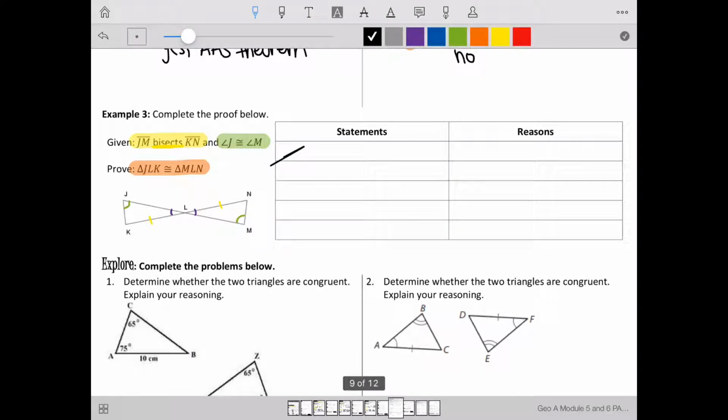First, let's write our given statement in the top line. So JM bisects KN. That was given. And remember when we were labeling our picture, right after we read that JM bisects KN, we realized that that means that KL must be congruent to LN.